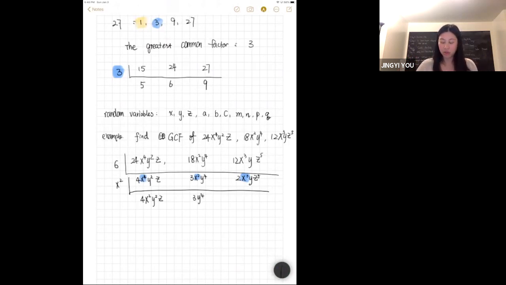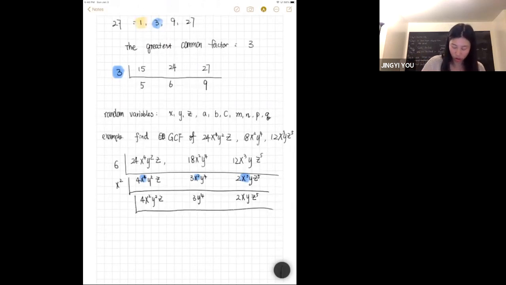And then 2x cubed y z to the 5th divided by x squared leaves 2x, because 3 minus 2 is equal to 1, so you only have 1 power left, which is just x, and then z to the 5th. Okay, so now they don't have any common factor involving x.